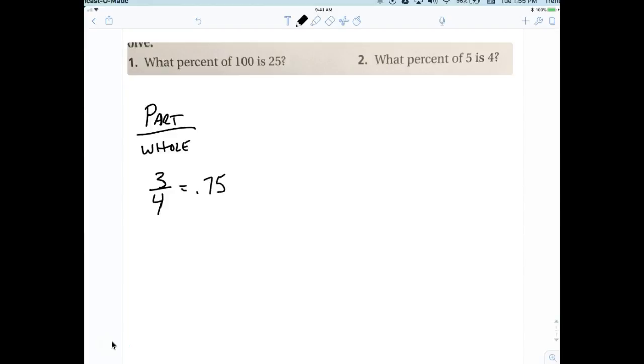The reason why you convert a fraction to a decimal is because you can see the percentage easier, because the percent is out of 100. Hear me now. That's the hundredths place.